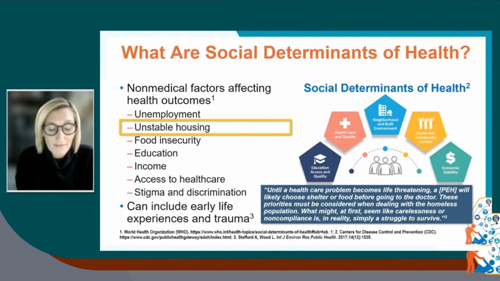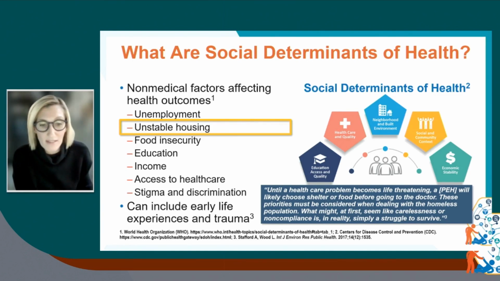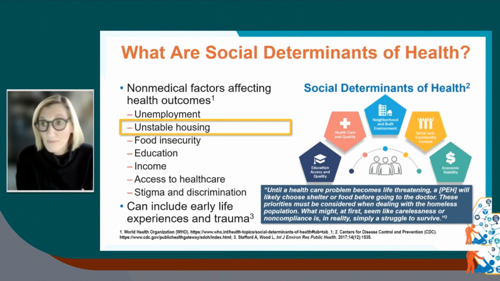Things like unemployment, unstable housing, food insecurity, education, income, access to healthcare, and of course, stigma and discrimination all impact health outcomes. And these also can include early life experiences and trauma. So all of these things together can impact someone's overall health, their engagement in the normal healthcare structure as well.